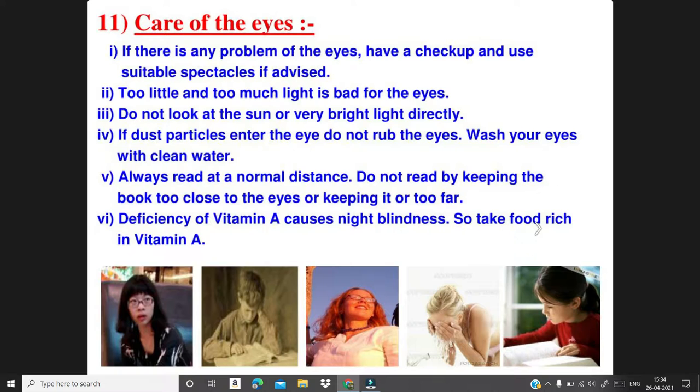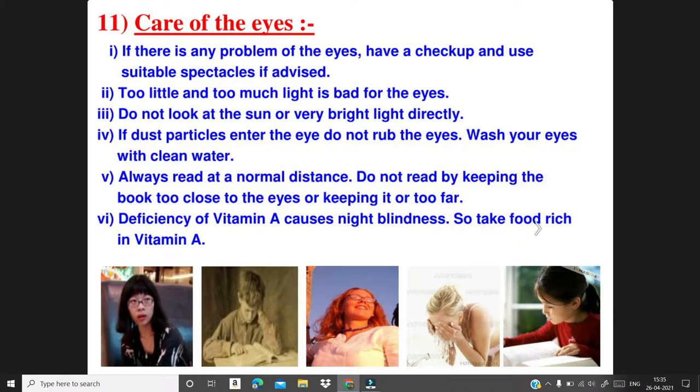Too little and too much light is bad for our eyes. We should not use a lot of gadgets such as laptops and mobiles at home. Do not look at the sun or very bright light directly, because if you look directly at the sun, it may lead to eye impairment.